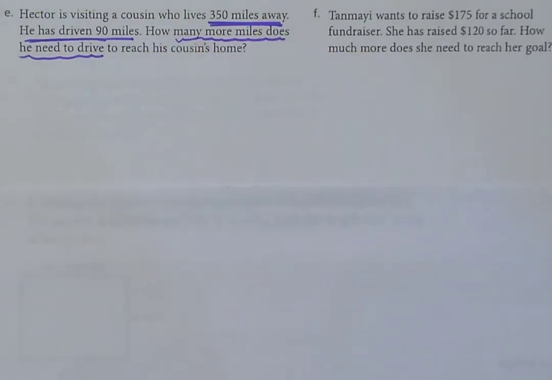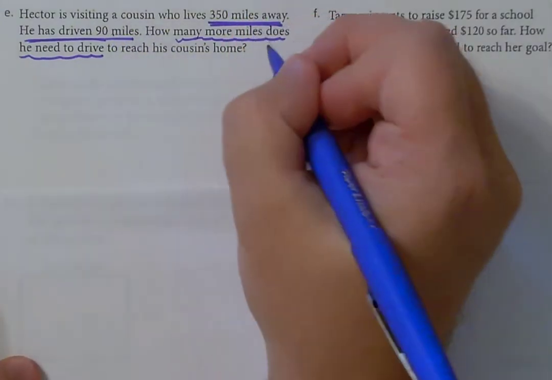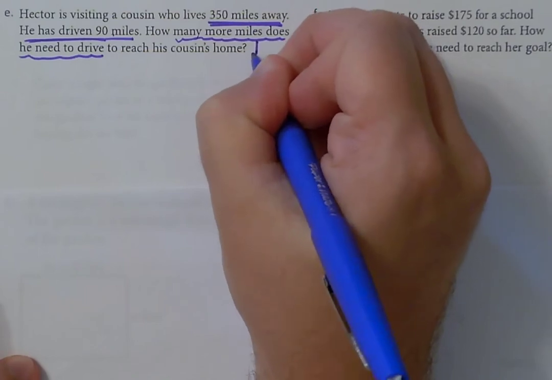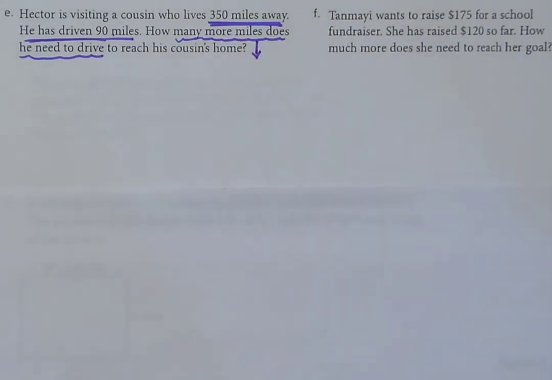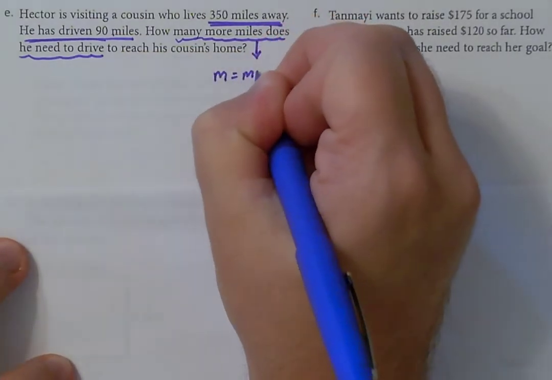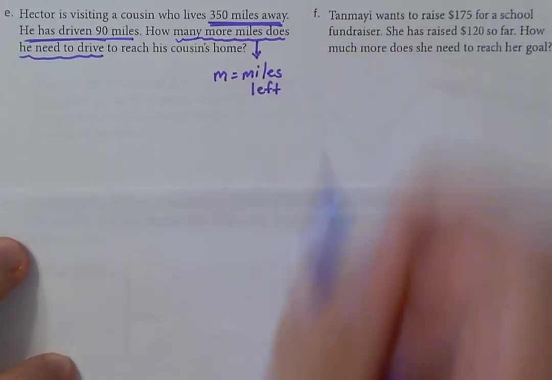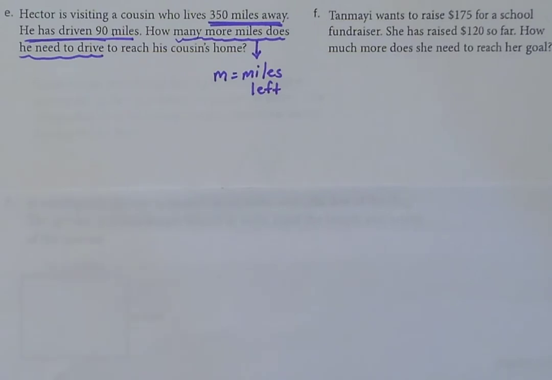So, first of all, we have our numbers 350, 90, and then we want to know how many. Okay, because we do not know how many more he needs to drive right off the top of our head, we're going to represent this as m for how many miles left. Okay, so m is going to represent miles remaining or miles left to drive to get to his cousin.